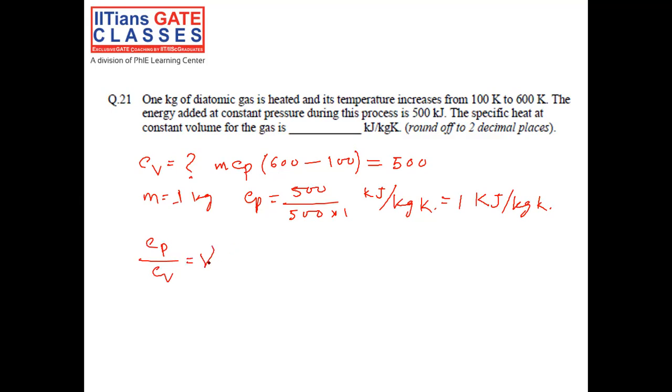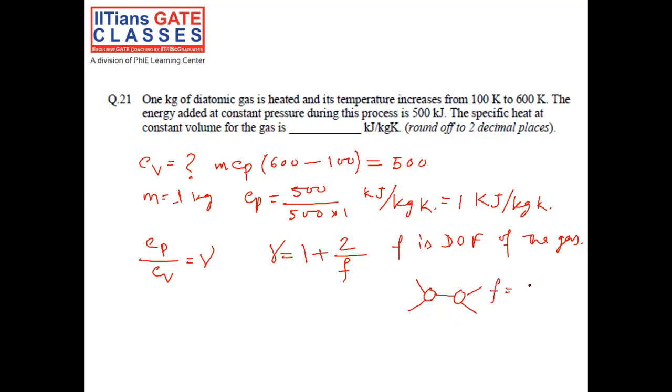Now we are asked to find out Cv, and we know that Cp by Cv is gamma, the ratio of specific heats at constant pressure and constant volume. And gamma is equal to 1 plus 2 by F, where F is the degree of freedom of the gas. Now for diatomic gas, F equal to 5.